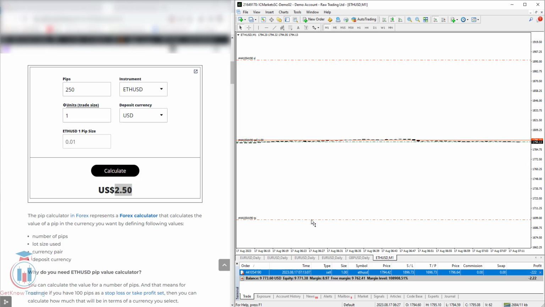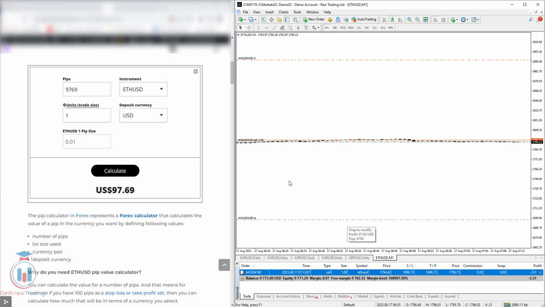So for example, I have put 9769 number of pips, and when I click calculate, I get $97.69. And that means that this take profit would be equal to $97.69 if this trade closes with take profit.